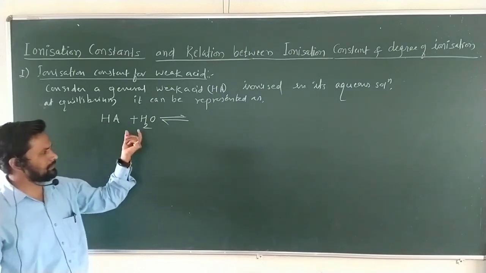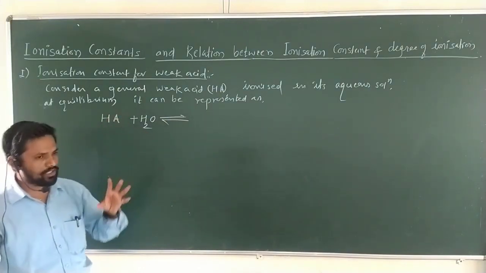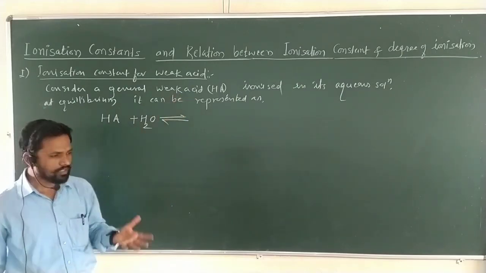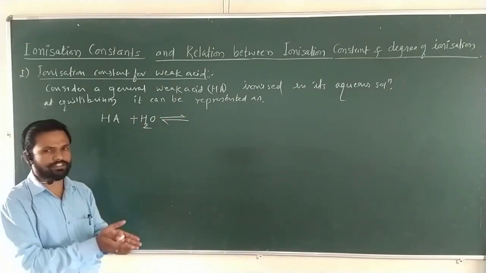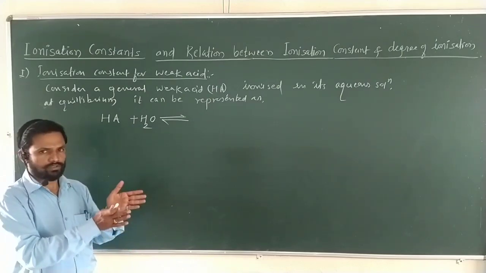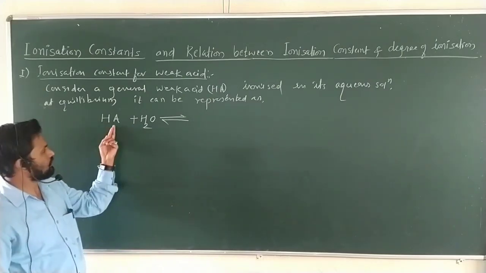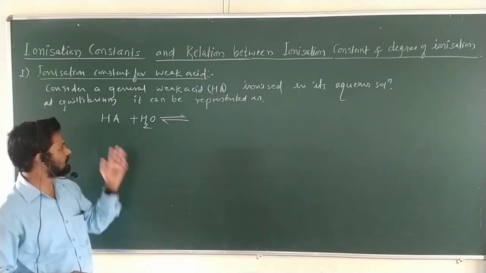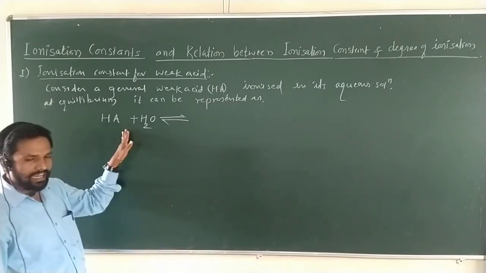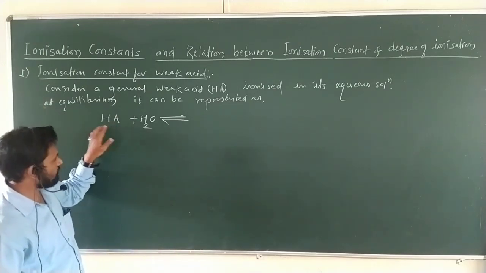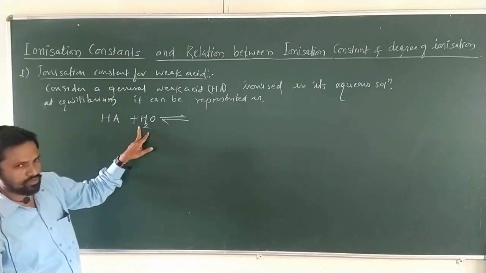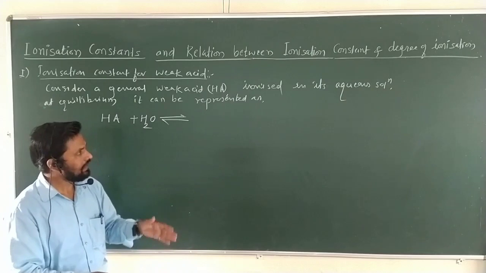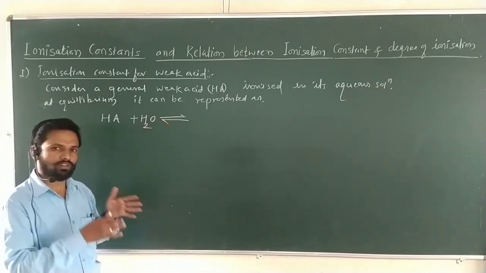For a very simple concept, we have taken the example of a weak electrolyte, that is a weak acid. A weak acid is nothing but a weak electrolyte which is dissociated in an aqueous solvent. What will happen? As we know, HA is a weak electrolyte, so it forms the ions H plus and A negative. This is the ionization. Then after this equation we have to write the constant value.